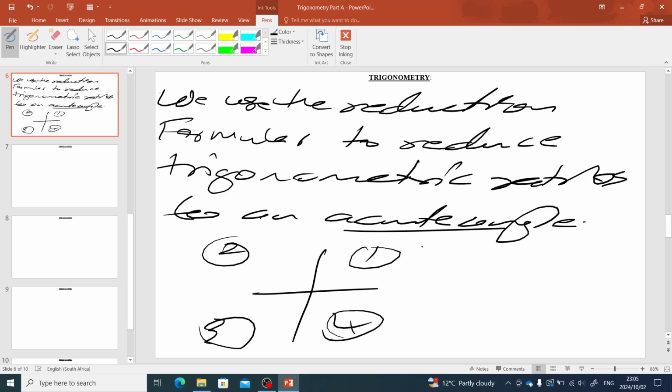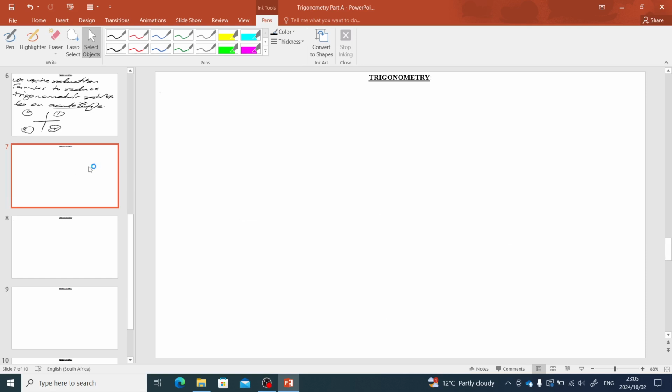They are simply indicating if this angle is positive or negative. But in the reduction, we are reducing obtuse to acute angle.